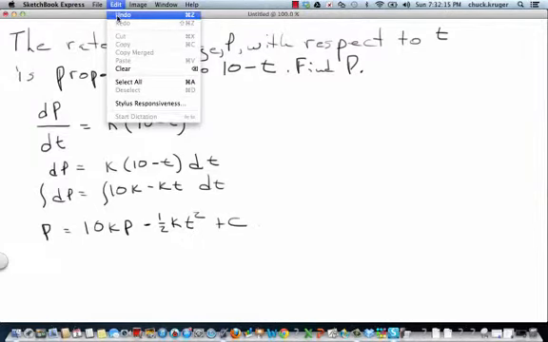Alright, let's take a look at another problem. This particular problem is based on exponential growth and decay. And I'm going to have something that looks like y equals c e to the kt power.